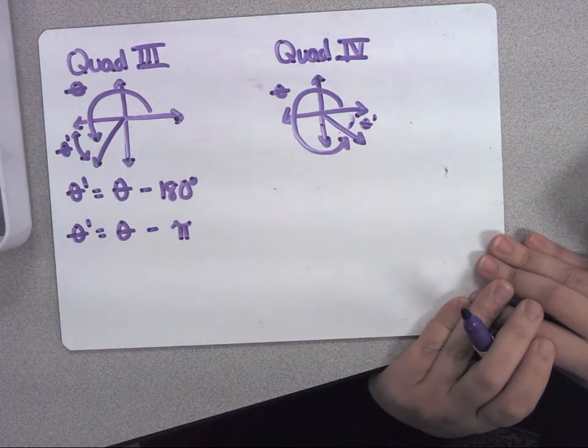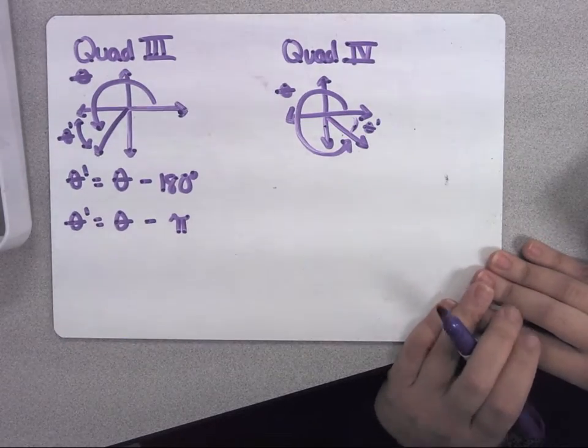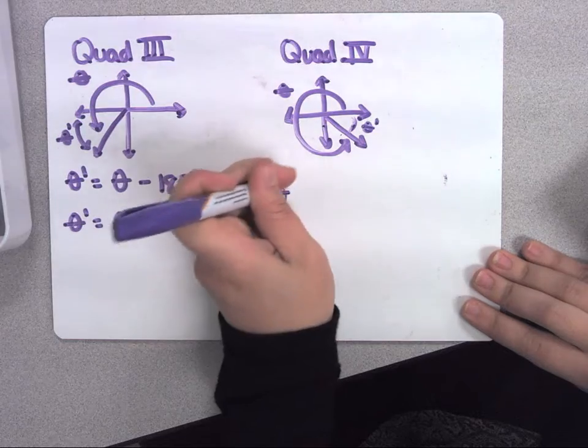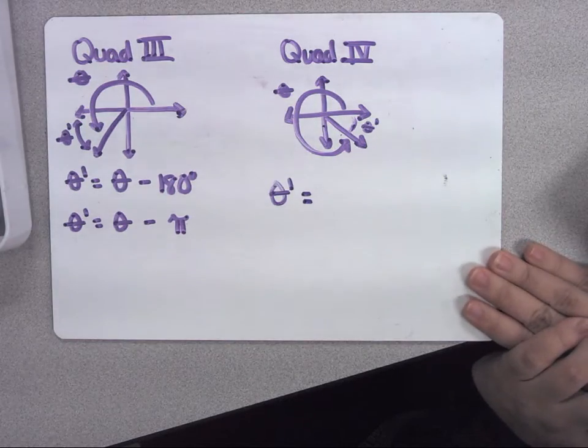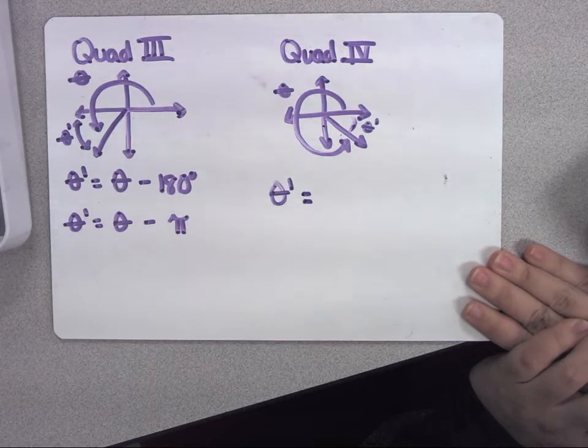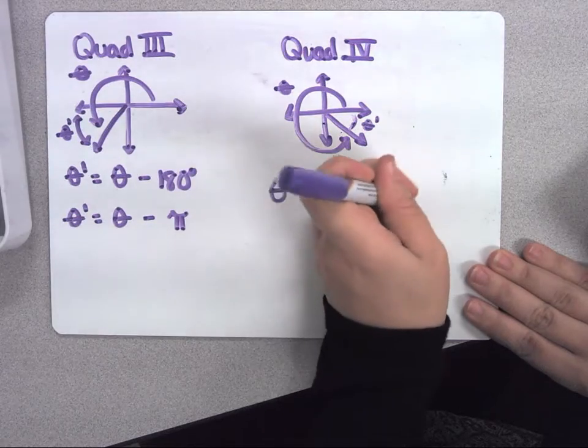It's what's left over. What are we going to do here if we're getting to finish our circle? We always subtract. What are we going to subtract? Yep, 360 minus theta.